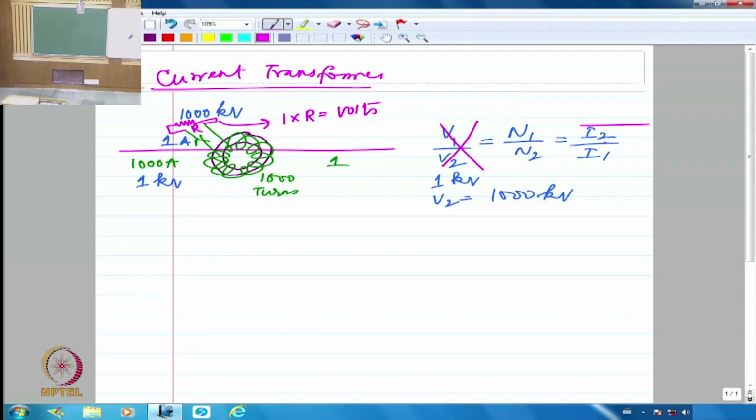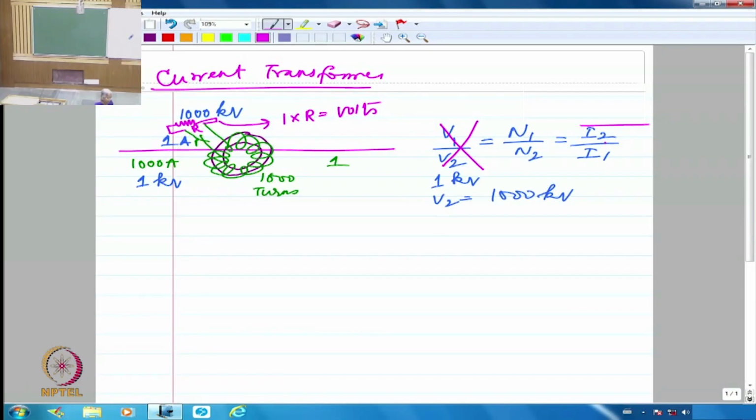So you may not get exact linearity in current transformer and potential transformer when you talk about extremely larger values or extremely smaller values. Extremely larger values you may encounter saturation, extremely smaller values you may see hysteresis. So in both the cases you may find that the transformer is not working in the linear range.